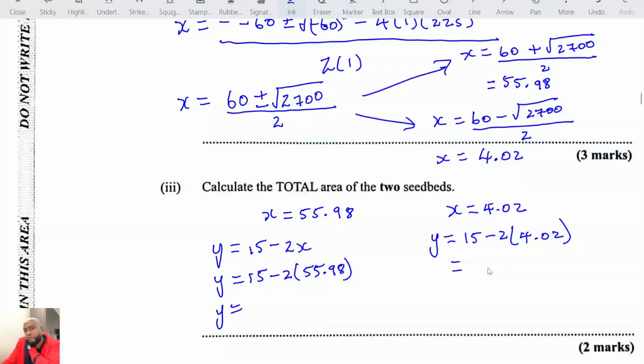All right? Tell me what you're getting for both. What you're getting here? y is equal to, come, we had to type faster than that. We had to calculate faster than that. What we getting? Talk to me. 96.96 here? Negative.